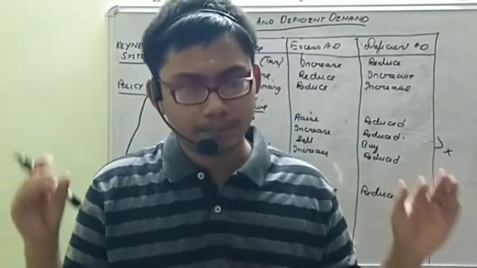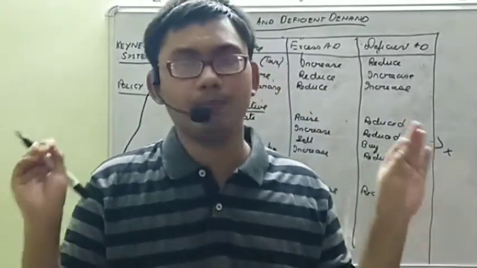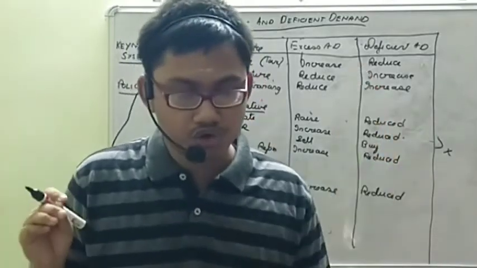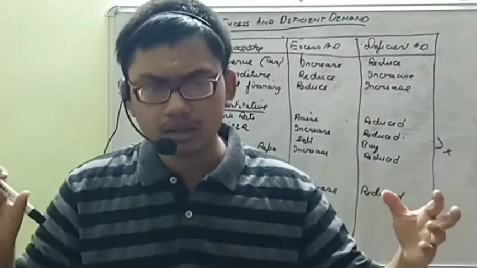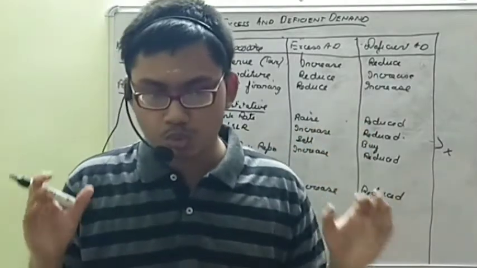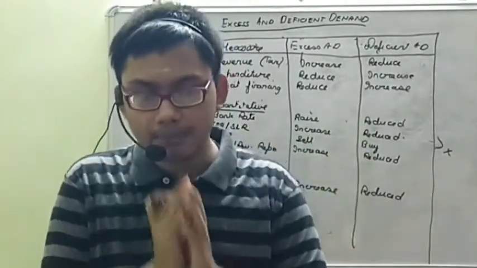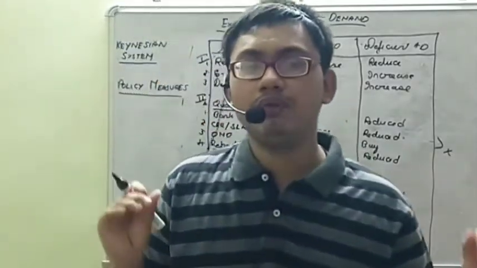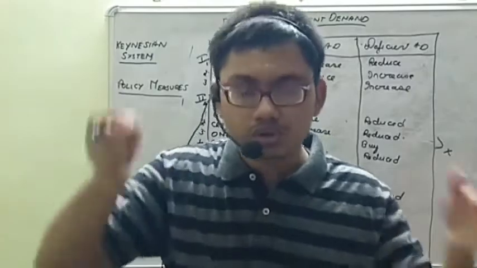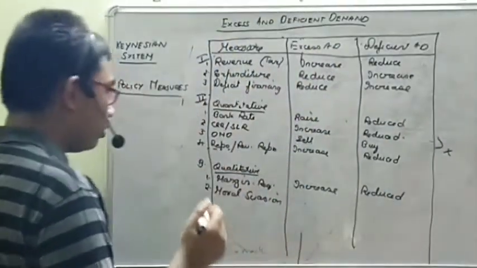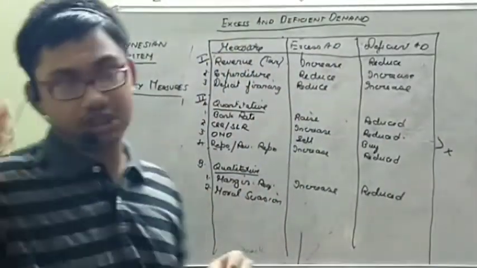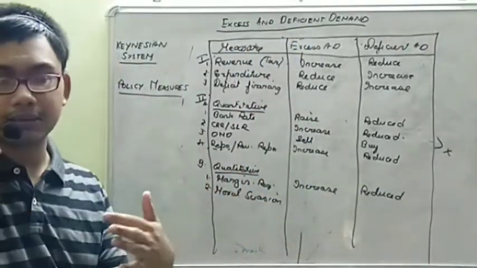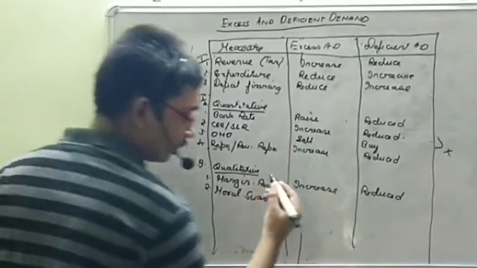We have the responsibility to curtail the situation. You take whatever measures you want, but keep in mind, since now is excess demand, we will have to take measures to reduce demand. So, if you have to reduce demand, you will have to lend less money. This persuading procedure is called moral suasion.